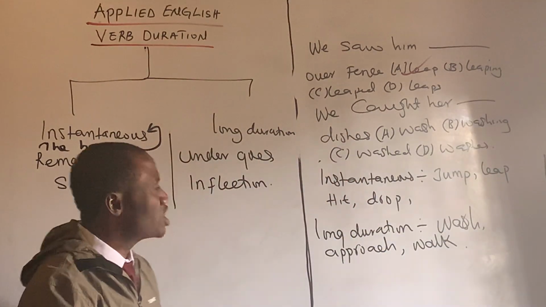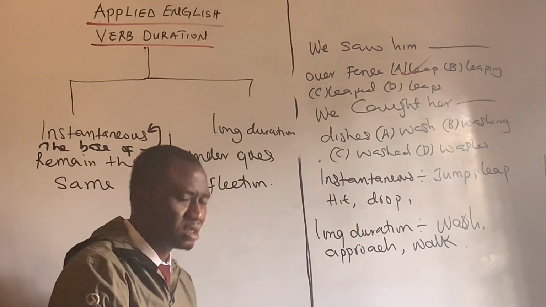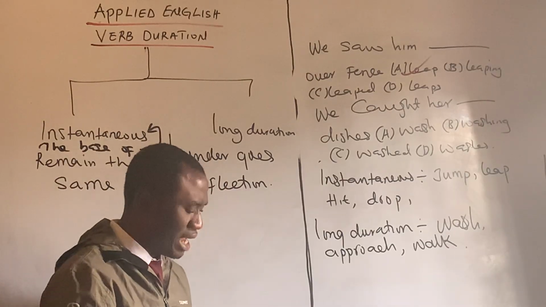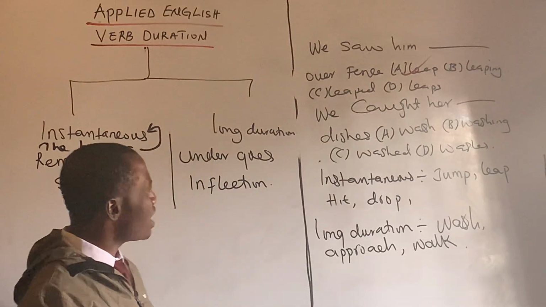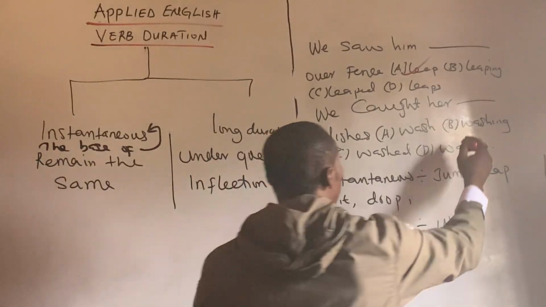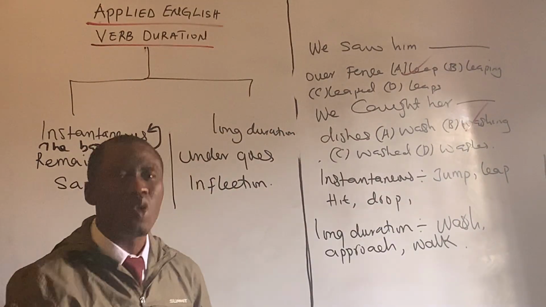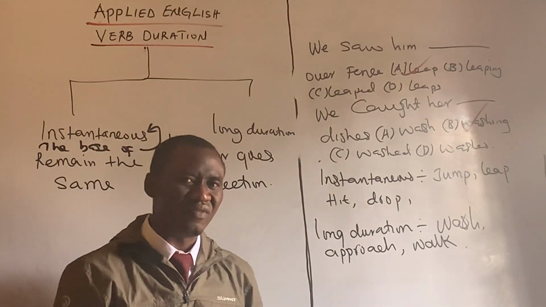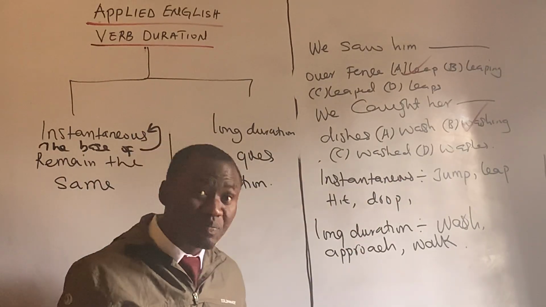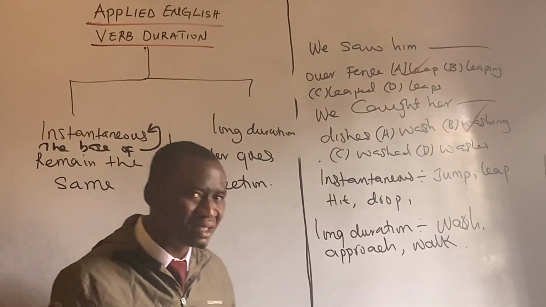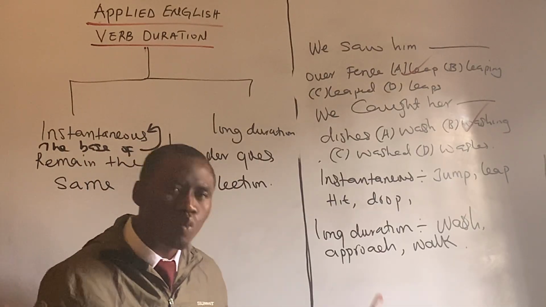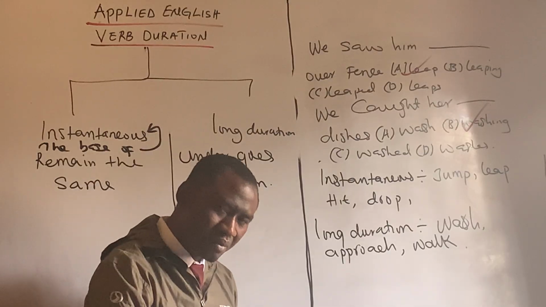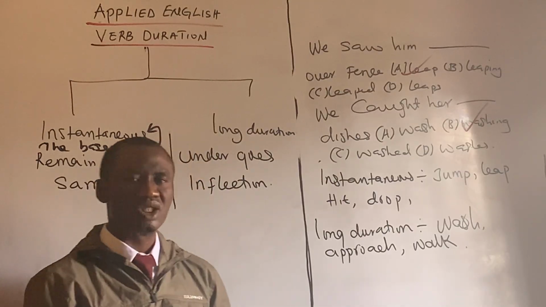Now, washing of dishes or washing of clothes takes a longer period of time. So the answer is we caught her washing dishes, not we caught her wash dishes. Not we saw him leaping over the fence. That's wrong. We saw him leap over the fence because it's an instantaneous verb, done under a quick tempo. We caught her washing dishes. Washing, because it's a long duration verb.